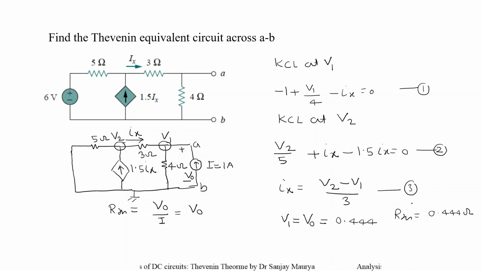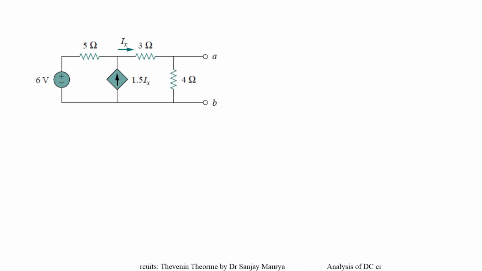Now let us consider the circuit to calculate the VTH. To calculate the VTH, I am going to assume the voltage across this one, plus minus VTH. And this VTH will be equivalent to the voltage across this 4 ohm. I'm picking this one as a node, and again I'm going to write down the KCL for the node V1.